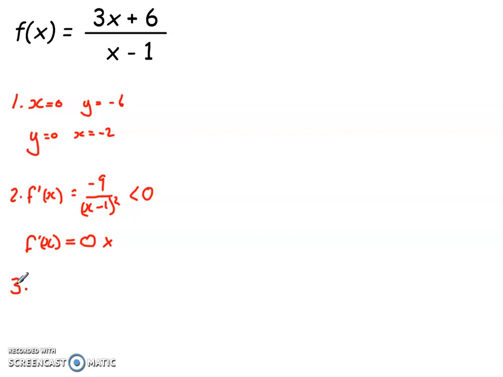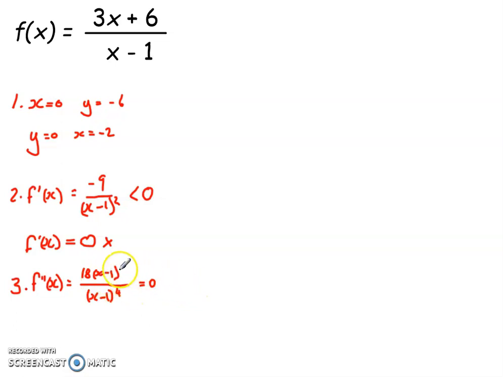The next thing we have to look at is any other points of interest, the concavity of the curve. In order to do that, we have to look at the second derivative. The second derivative of this function is 18(x - 1)/(x - 1)⁴. We want to look at that equal to 0, and that will tell us about any non-vertical points of inflection.